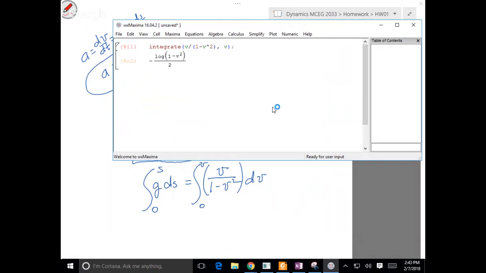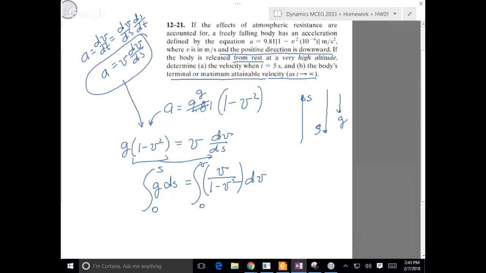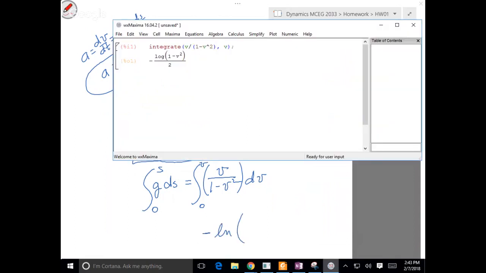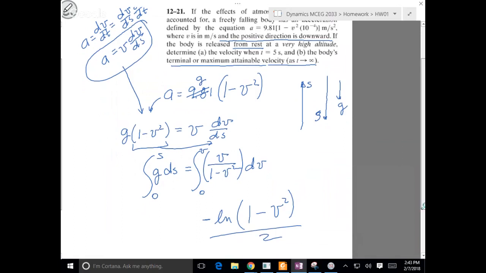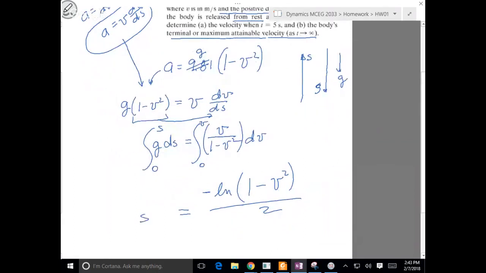So minus, okay, 1 minus V over 2. Oh, 1 minus V squared over 2. Is equal to GS.